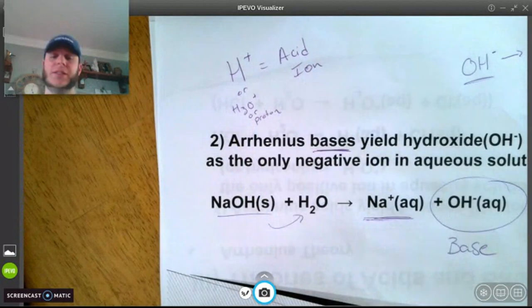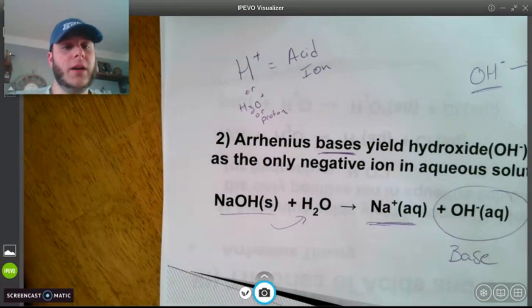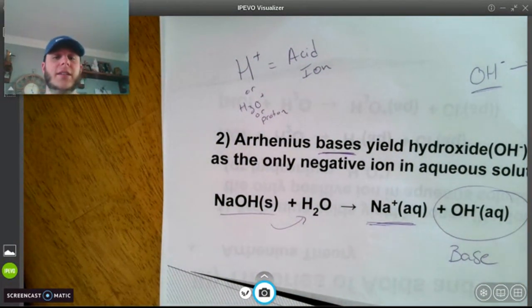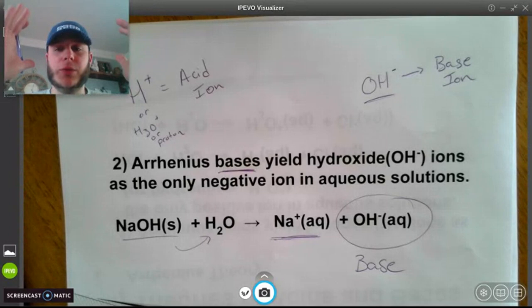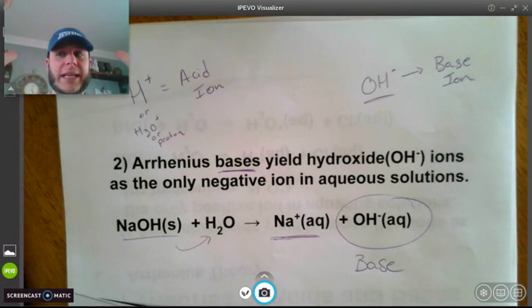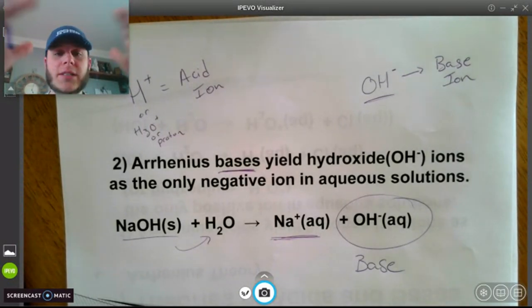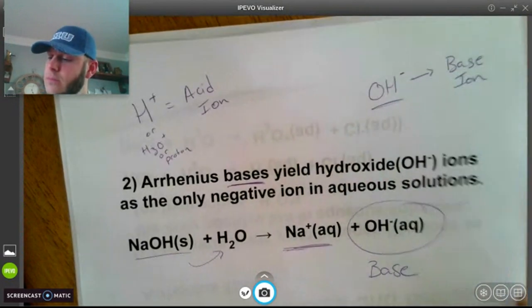Any of those would be defined as an acid ion to me. So the basic general principle: H+ makes something an acid. OH- makes something a base.